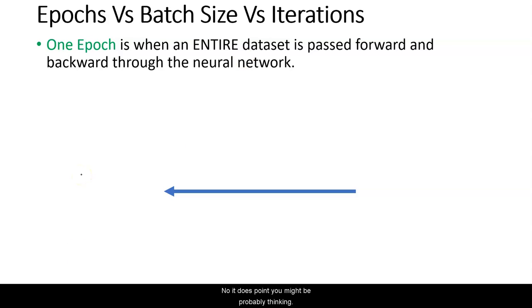Now at this point you might be probably thinking, why do I actually need more than one epoch? Why does it make sense to pass your entire data set through your neural network more than once, right? Or why do I actually have to pass the full data set multiple times through my same neural network?